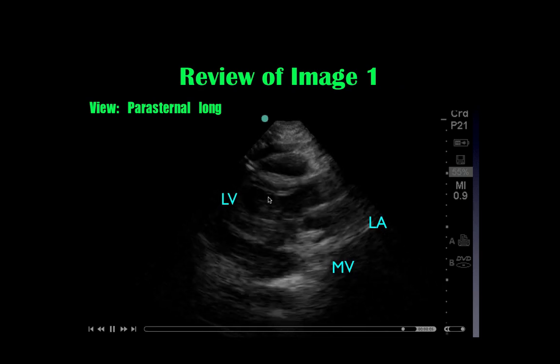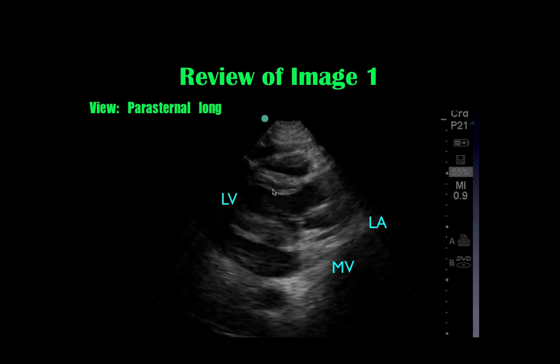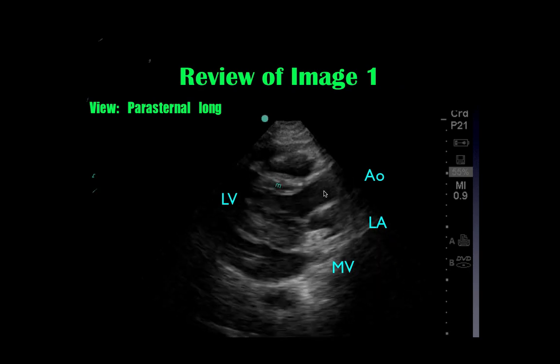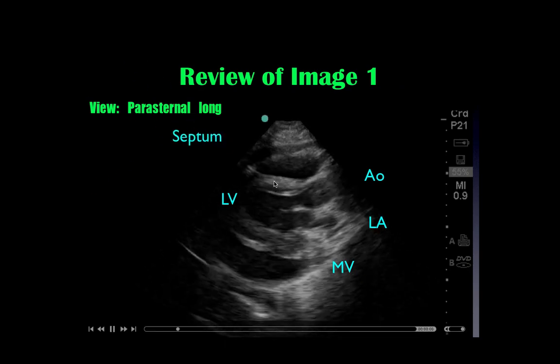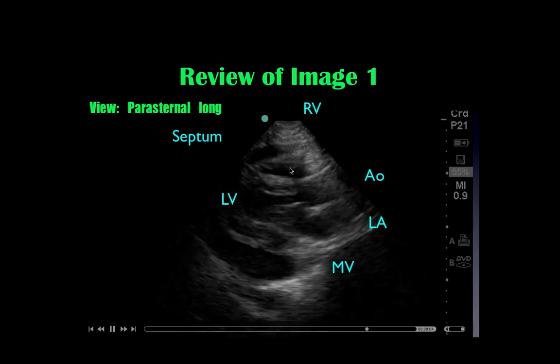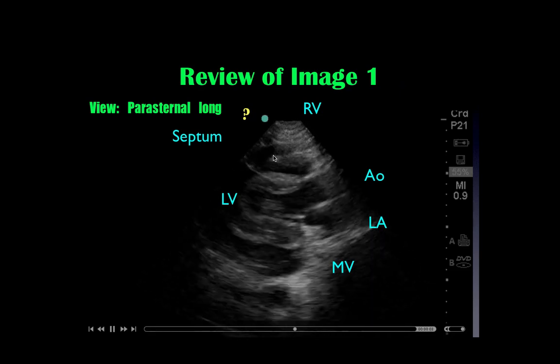Blood then flows into the left ventricle. Here's the outline of the ventricle. Goes out the aortic outflow tract here. The septum lies between the left ventricle and the right ventricle, with the right ventricle noted right here. Now, what's this over here?